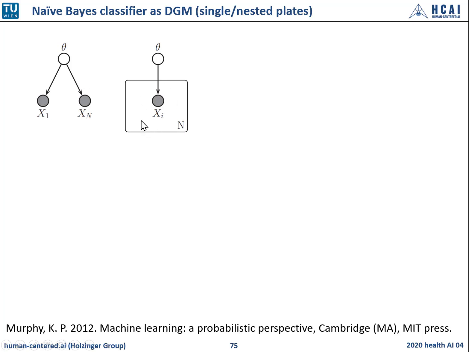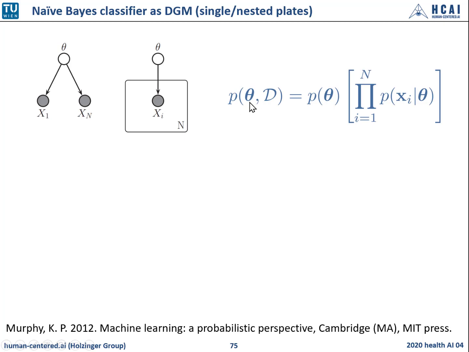The nodes are drawn inside a box, and this box is called a plate. The large letter N specifies the number of repetitions of the x_i node. Mathematically this can be expressed by the equation on the right side, which is the joint probability distribution of theta given the data. And learning usually means computing a maximum of the parameters given the data, so argmax, maximum or minimum.